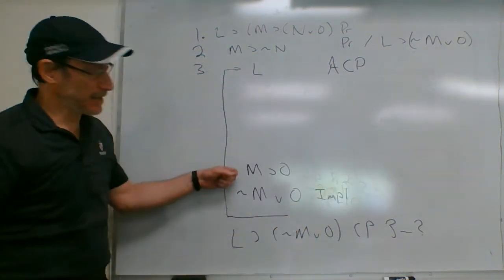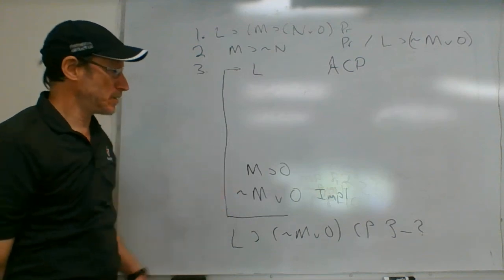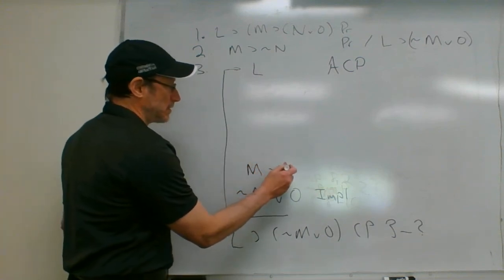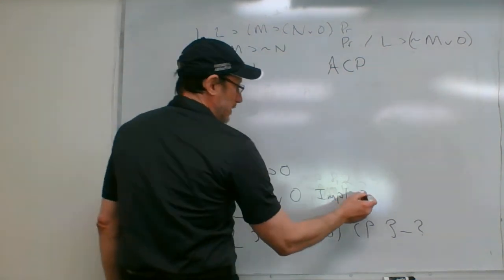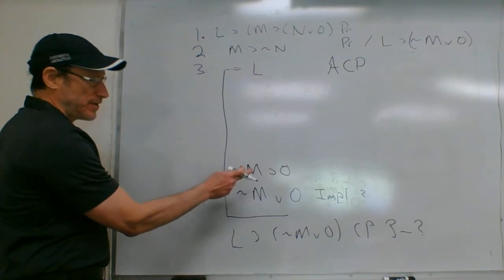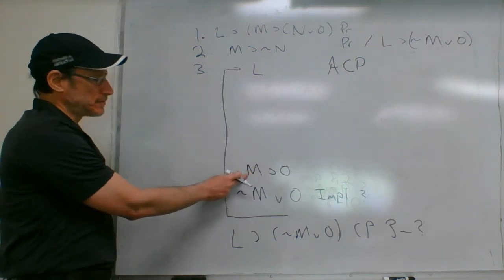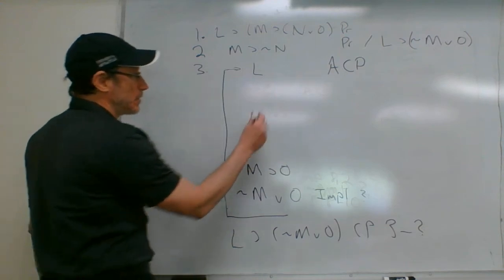So if I can get to M horseshoe O, I can then get to not M wedge O by implication on whatever this step is. Don't know yet what that number is, but now I look at M horseshoe O. This is a conditional. So I can use conditional proof to try to get M horseshoe O.